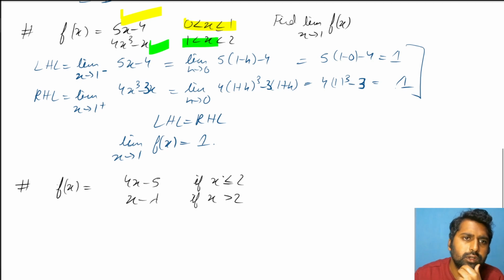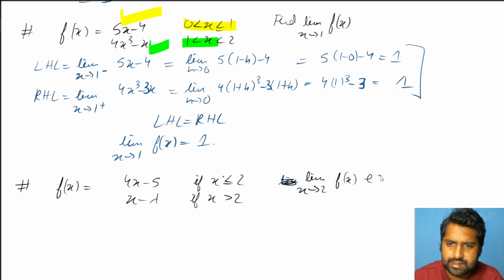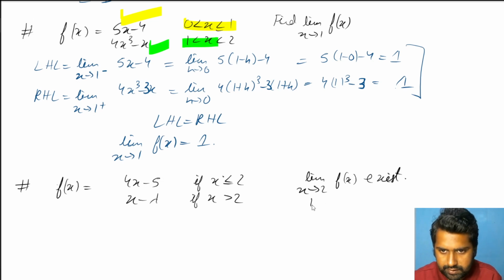And he's saying, this is the part of the question, that limit x tends to 2 of f(x) exists. He hasn't given you the value, but he's saying that the limit does exist. Find lambda.